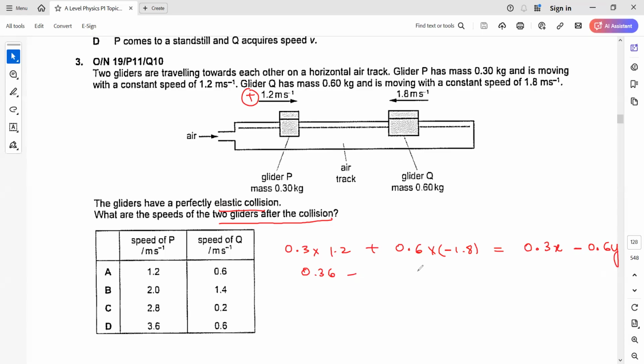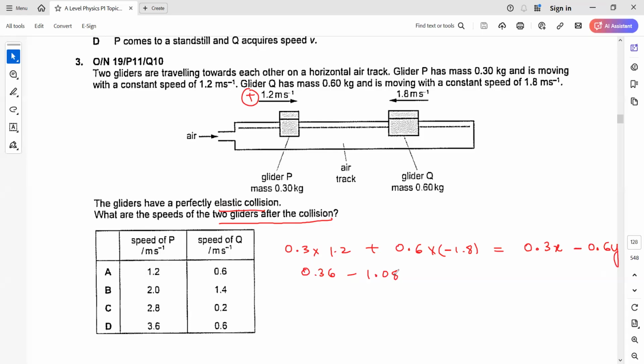Give me a minute. 0.6 times 1.8, yeah, that's 1.08, and that's fine.